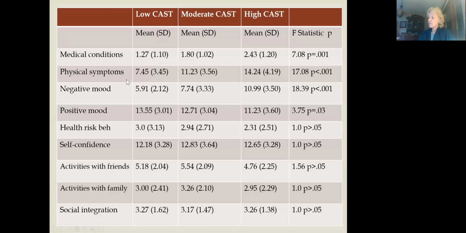Same findings with physical symptoms, same findings with negative mood. The inverse of that was found with positive mood. So the kids with lower CAST scores had a higher positive mood, and the kids with high CAST scores had a lower positive mood. And then the other stuff, their health risk behaviors, their self-confidence, their activities with friends, family, and social integration, there were no significant differences.